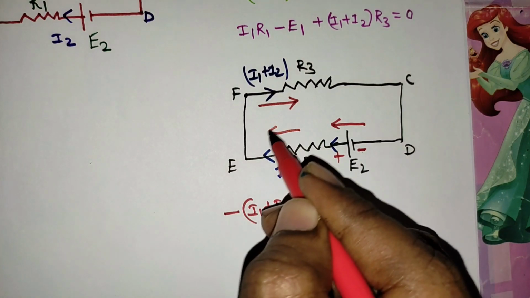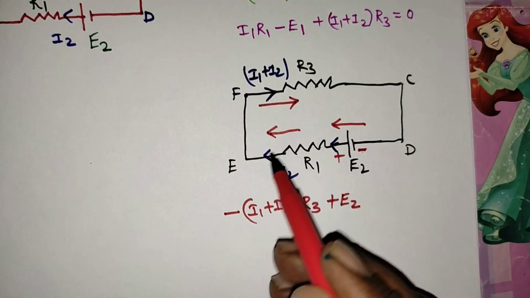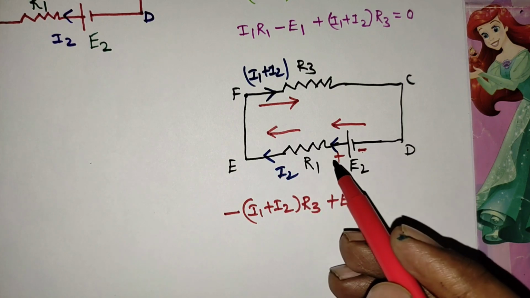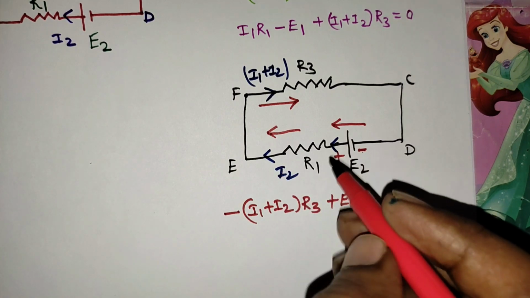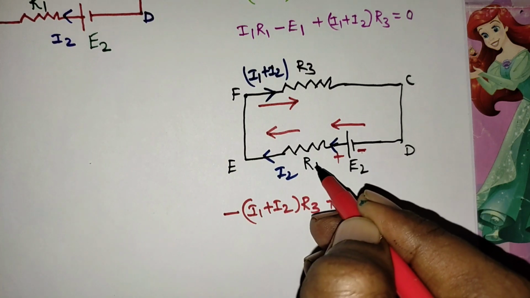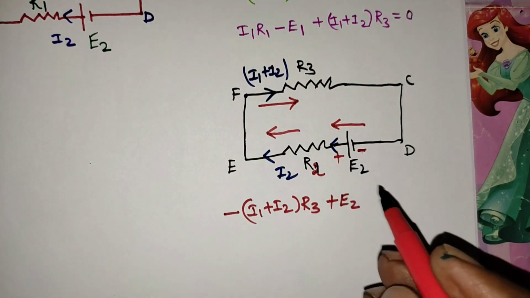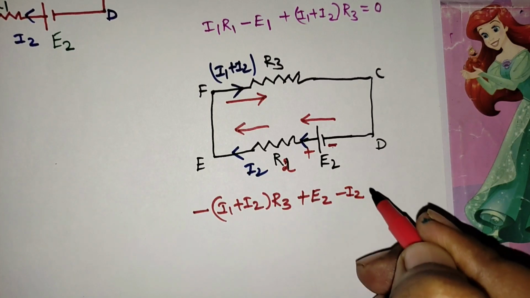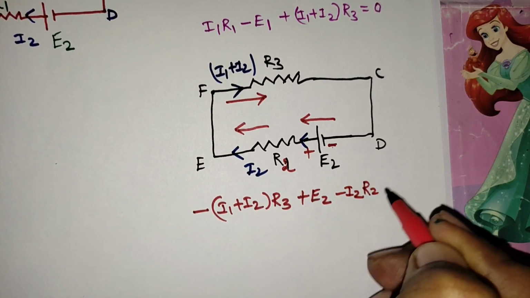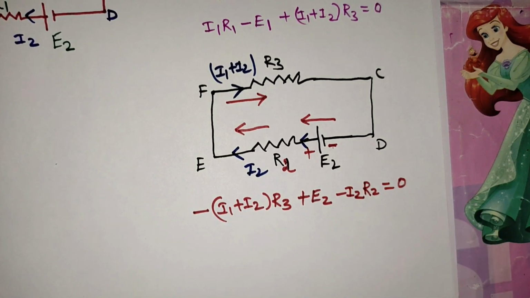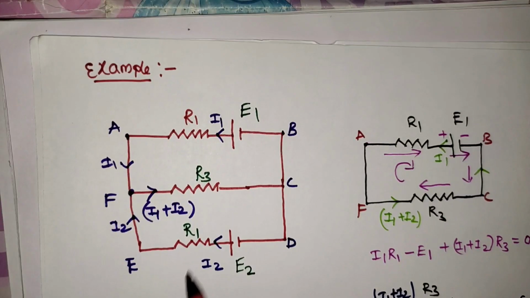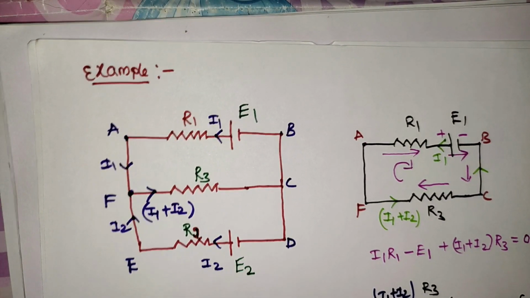Then after that, both are in the same direction. So, this is the resistor R2, and you can write minus I2 R2 is equal to 0. This is the loop rule. Sorry dear children, here also this is resistor R2.